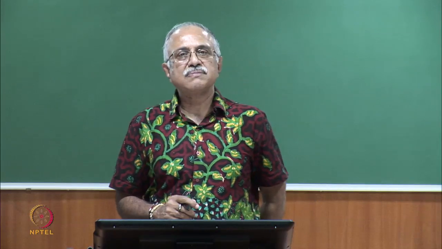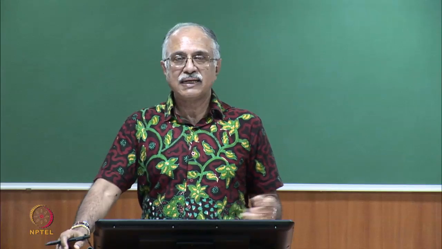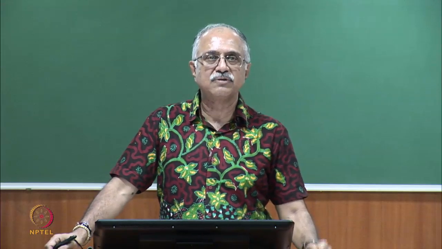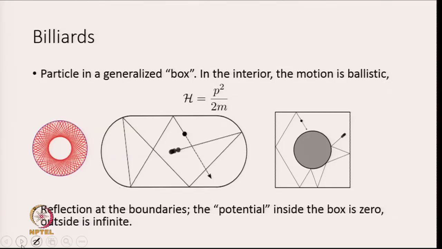Another class of systems that has helped in the understanding of chaotic dynamics, particularly in Hamiltonian systems, has been billiards. Billiards are a generalization of the particle in the box problem, where you have a particle moving freely inside an enclosure, and when it comes to the edge of the enclosure, it gets scattered from the edge with the angle of incidence equal to the angle of reflection.